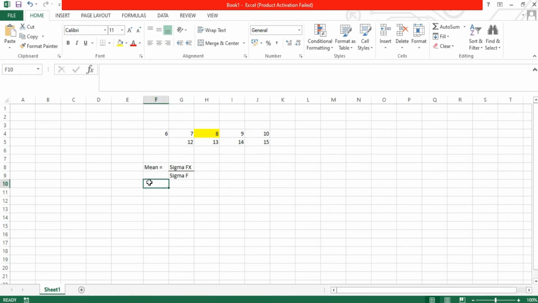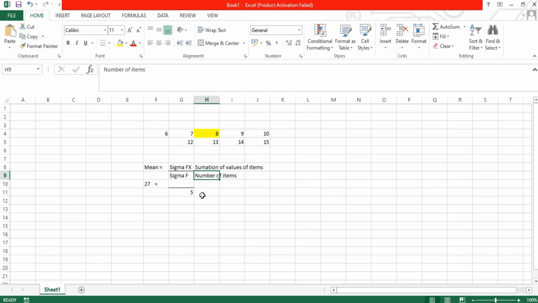That means f should be the total frequency, right? Because f is the number of items and this is the summation of values of the items.